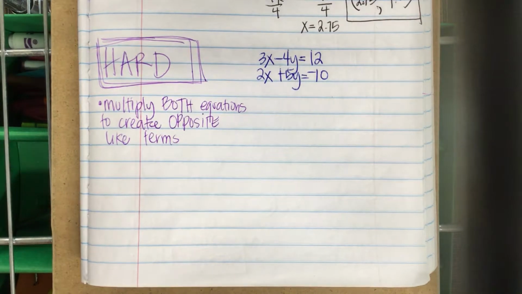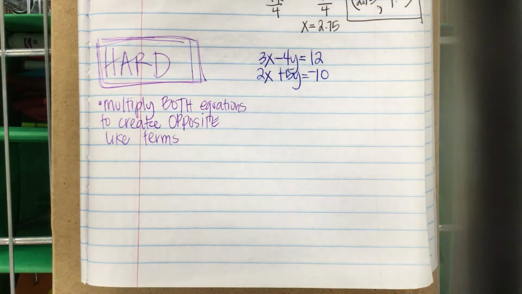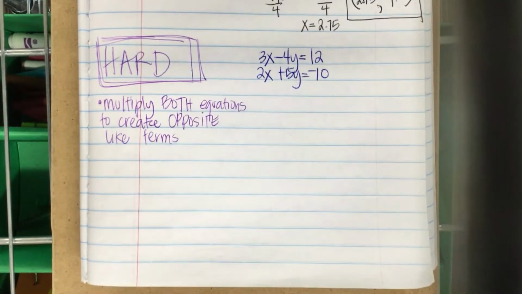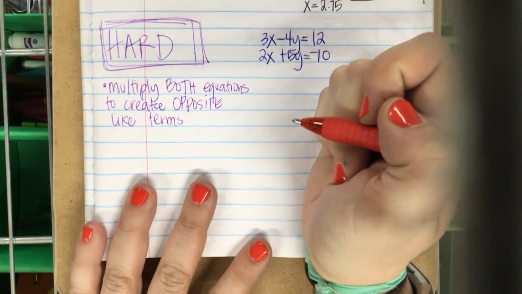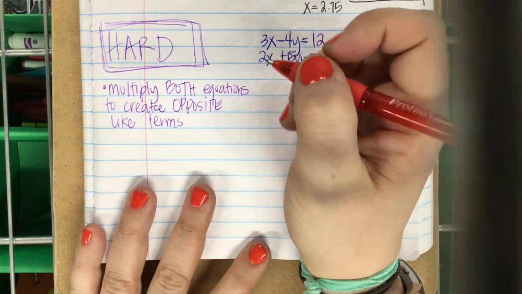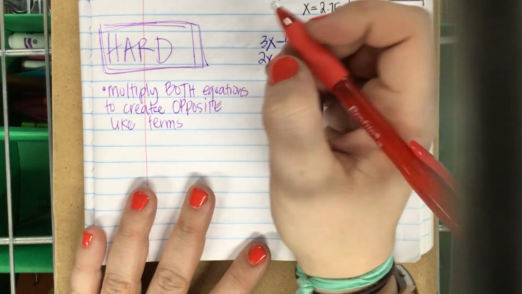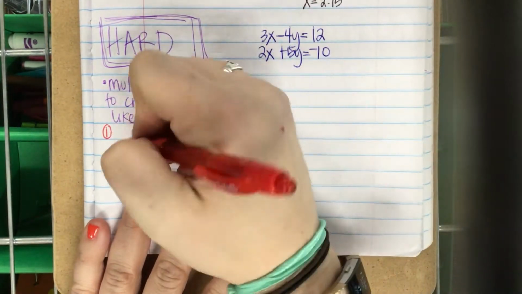So we do the same thing every time. And some of you will discover a little trick. And that's okay, and we'll talk about it when you discover it. Here are the rules.